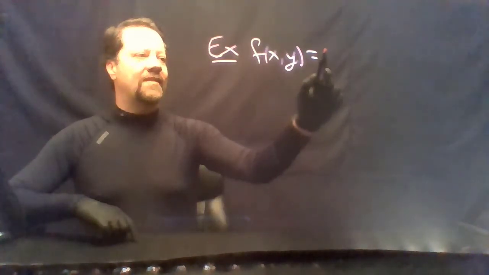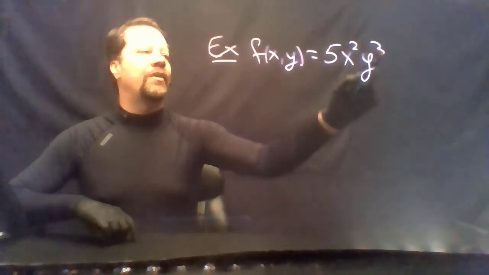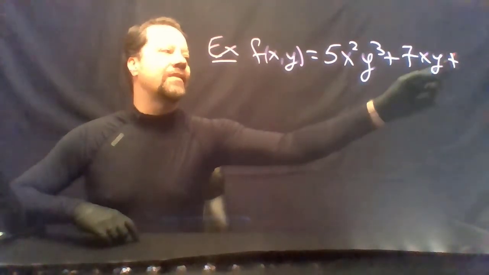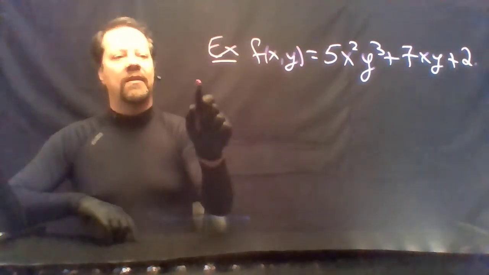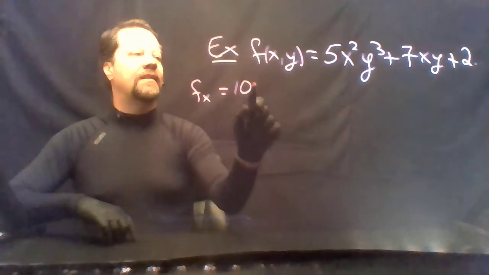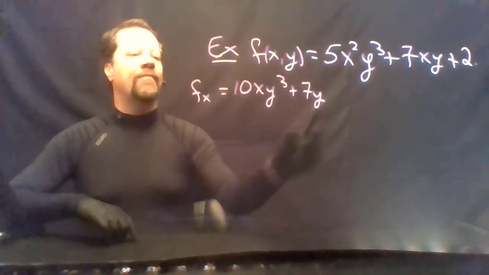In the present case, let's suppose that we have something like 5x squared y cubed plus 7xy plus 2. Let's calculate fx. That's going to be 10xy cubed plus 7y.